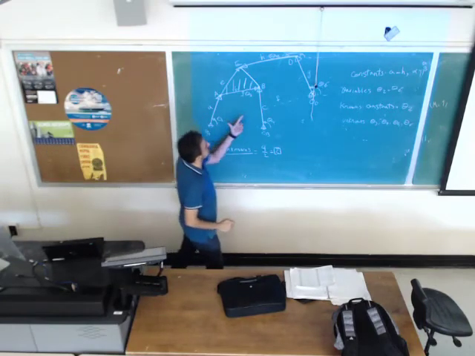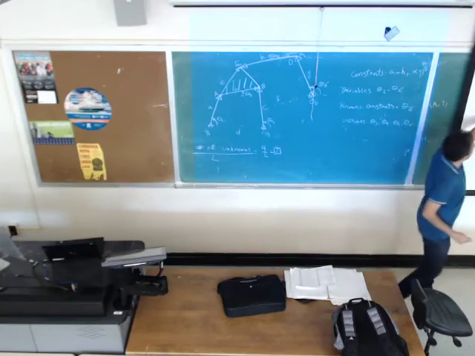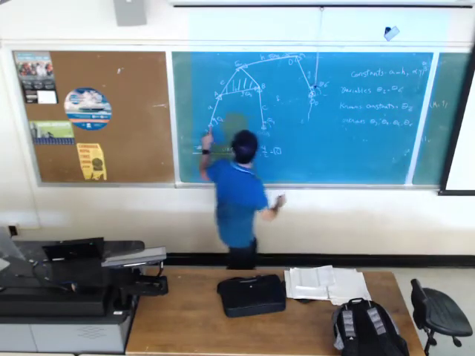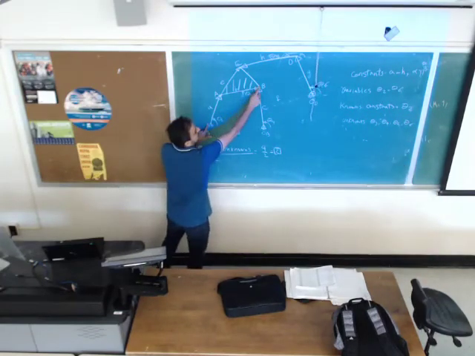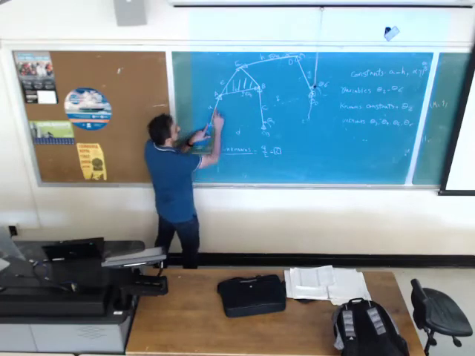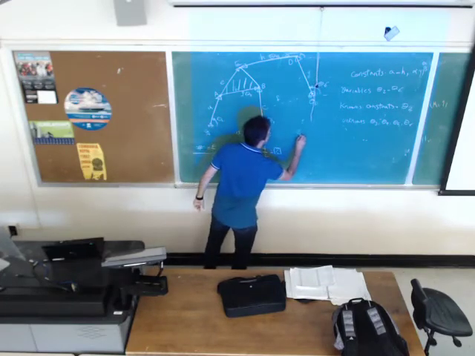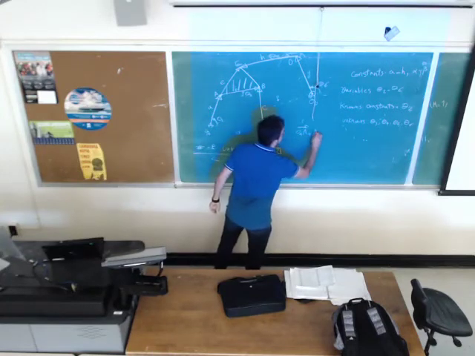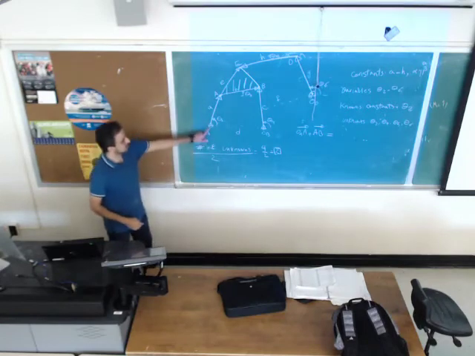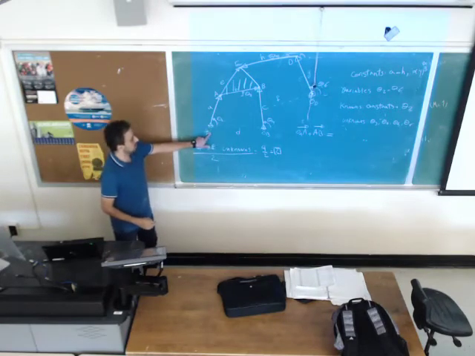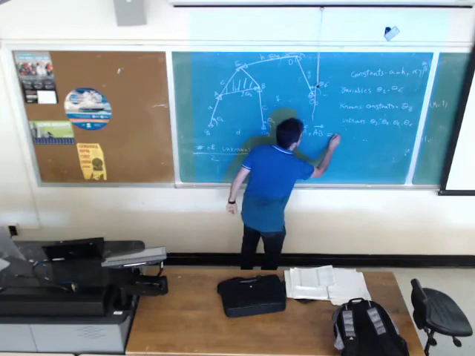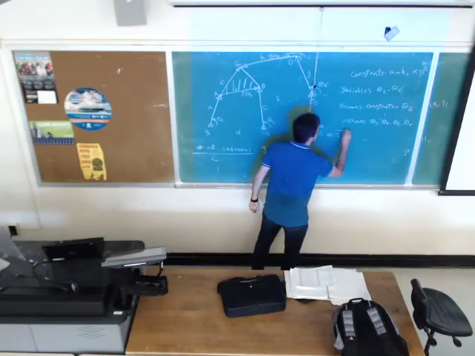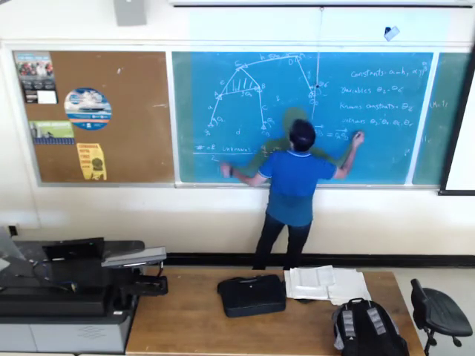Start from point OA and go the other way: OA OB plus OB B. This is the vector loop equation. The constants are A, B, C, and D, and the loop variables are theta 2, theta 3, and theta 4. Theta 2 is given. We are solving for theta 3 and theta 4.